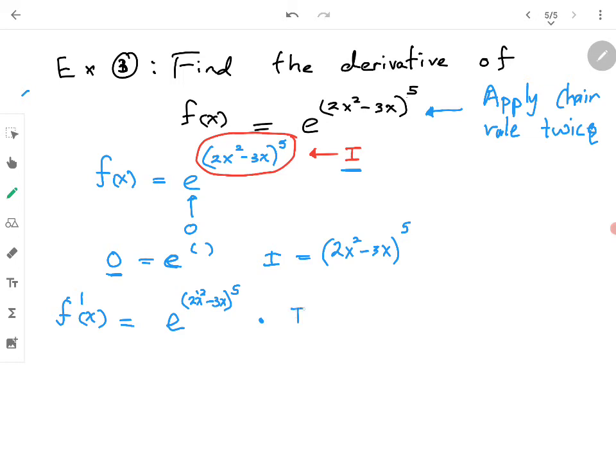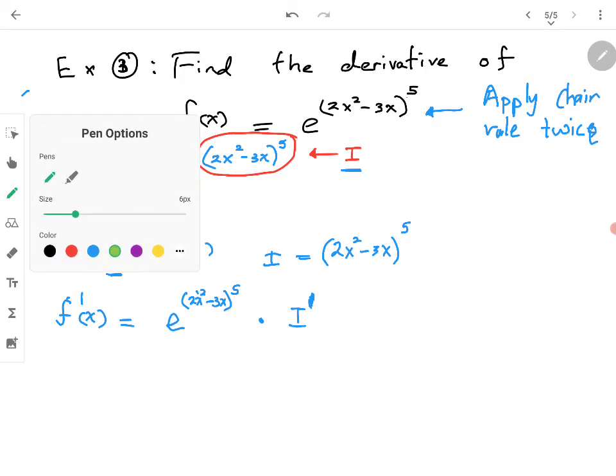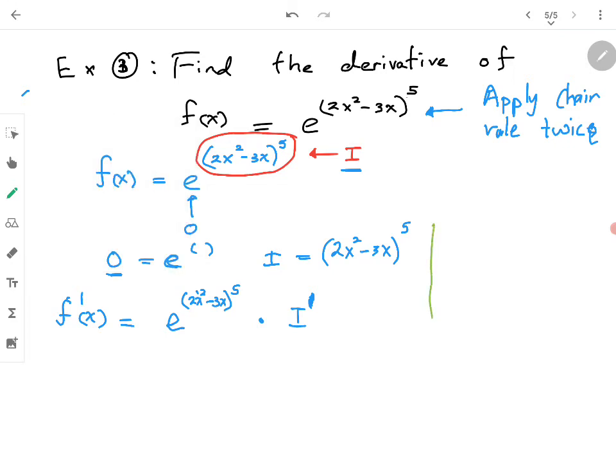Then the second term of the chain rule is the derivative of the inner function, I prime. So we need to find I prime. And if you look at I, there's no direct formula I can apply. But here, this is an application of the chain rule again.